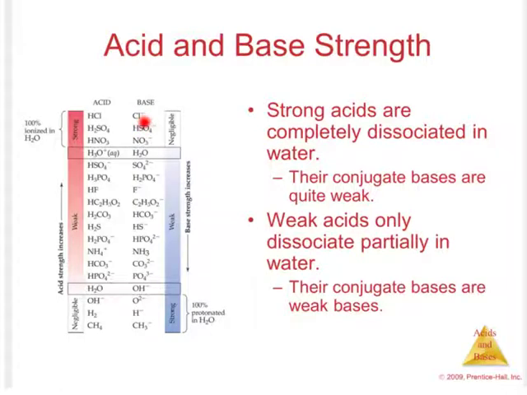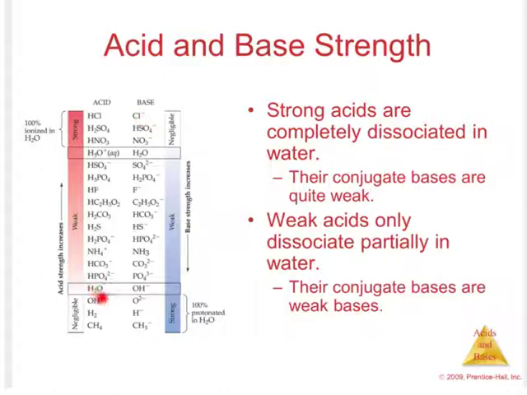And so the relative strength of a conjugate is going to be as such. The stronger the acid, the weaker its conjugate base. So chloride ions in a reaction are always going to be spectators because HCl is such a strong acid. As a conjugate base, the effect of chloride ions in the solution is going to be negligible.